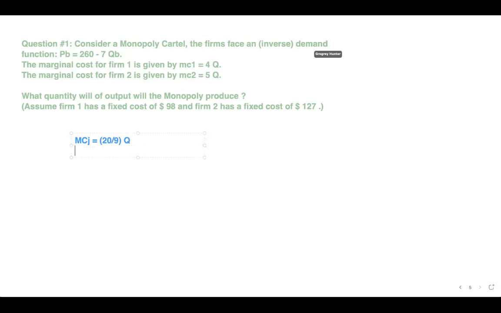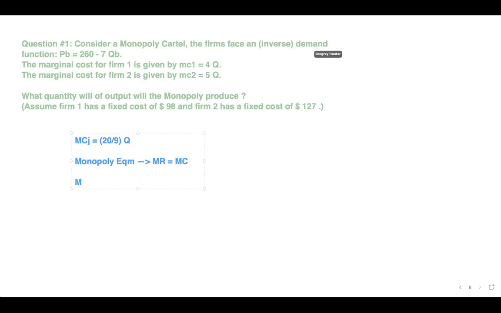Okay. And then what was your next step, Ben? And then I did MC joint equals MR, and then I solved for quantity. No, that's okay. I just want to make sure we're clear. So the monopoly equilibrium quantity is defined by MR equal to MC, the marginal revenue, right?